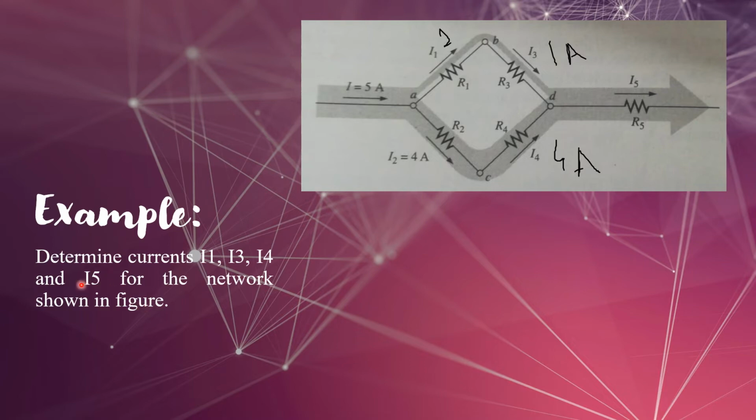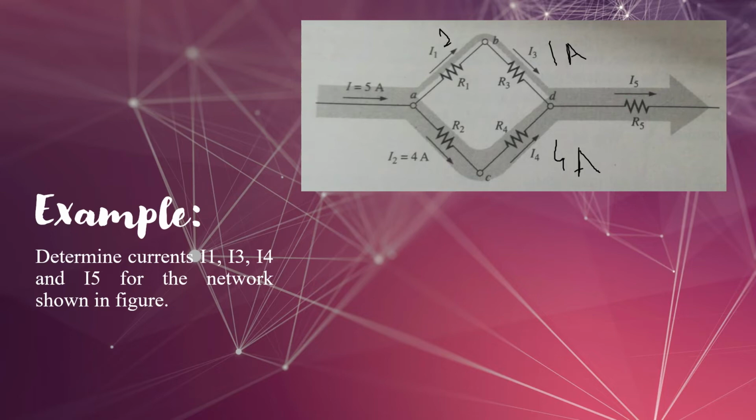Now at the last we have to find the value of I5. You can apply KCL at node D. KCL states that the sum of current entering the node is equal to the sum of current leaving the node. From the figure you will see that I4 and I3 are entering the node and I5 is leaving the node.